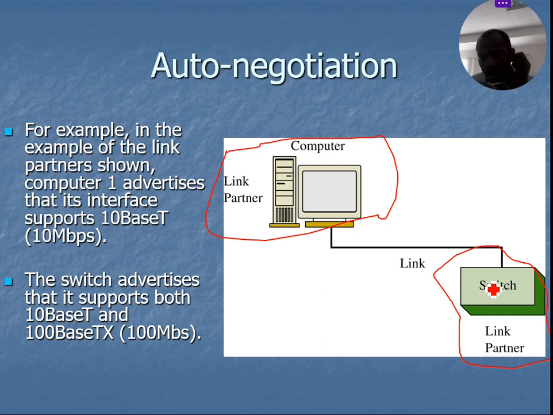So it advertises what it can do, and then this computer sees it, and then a link is created between them. This process is called auto negotiation.